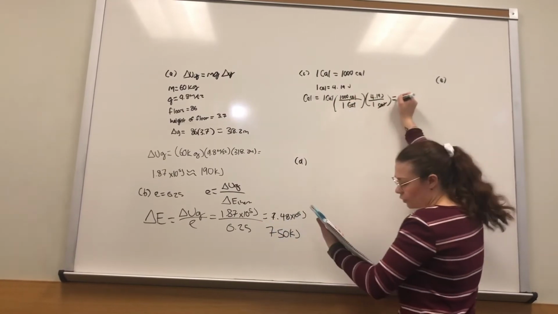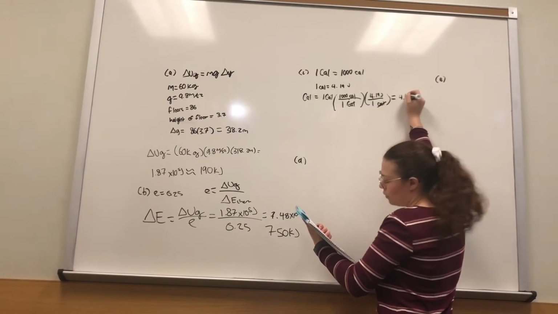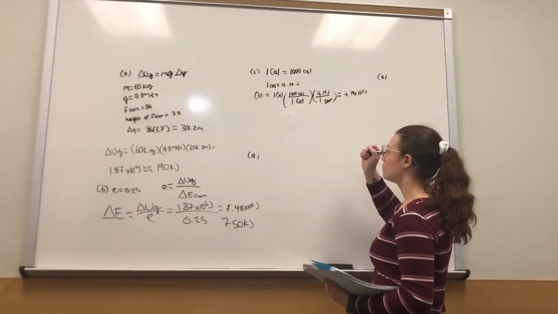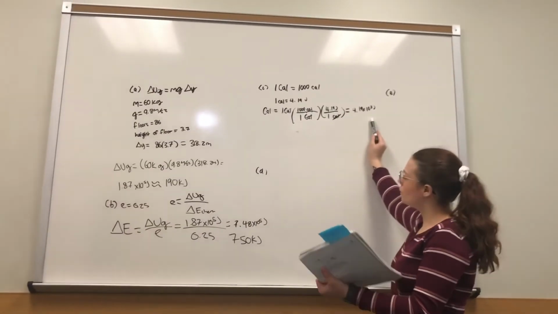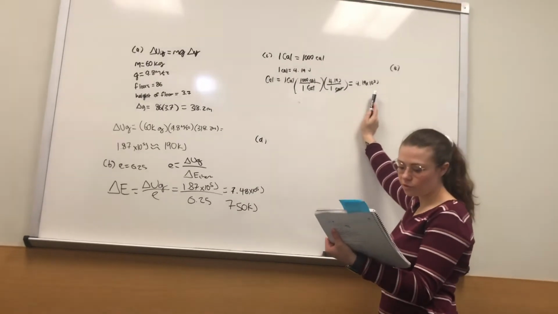And once we convert that, we get 4.19 times 10 to the 3rd joules. Okay, so the amount of energy in 1 capital C calorie is 4.19 times 10 to the 3rd joules.